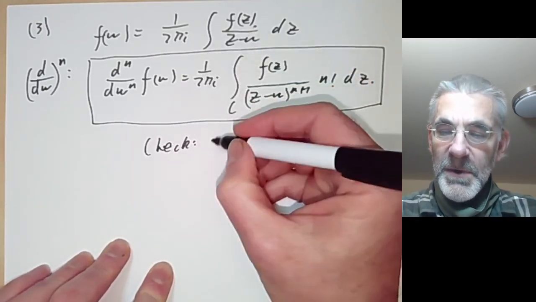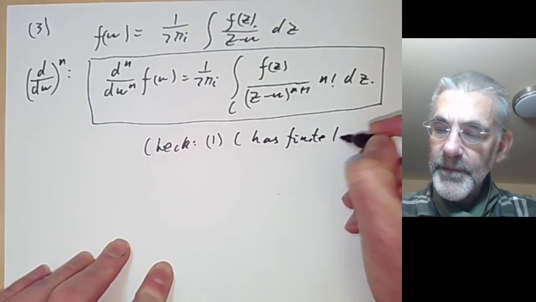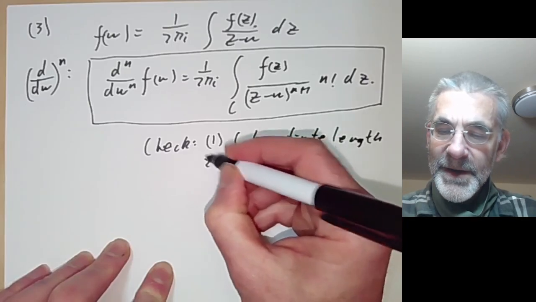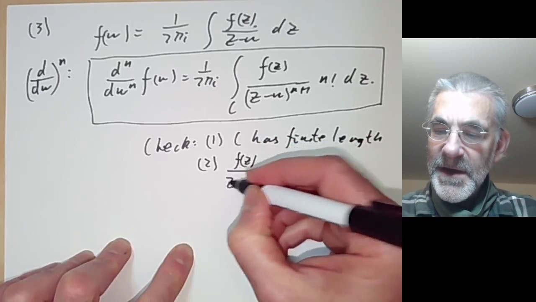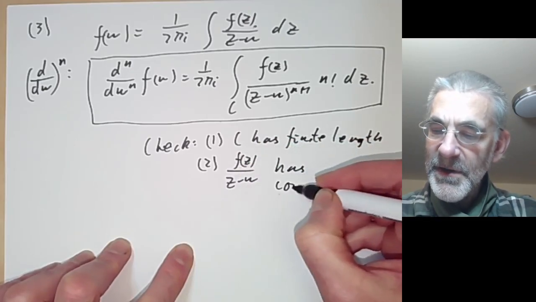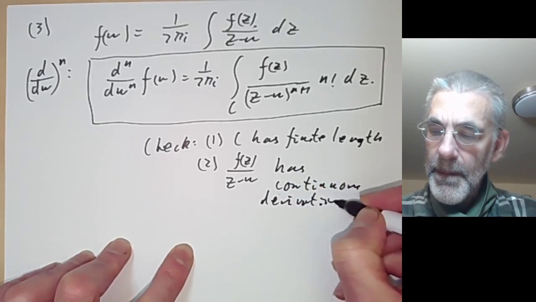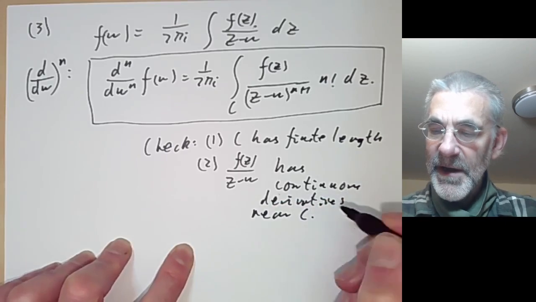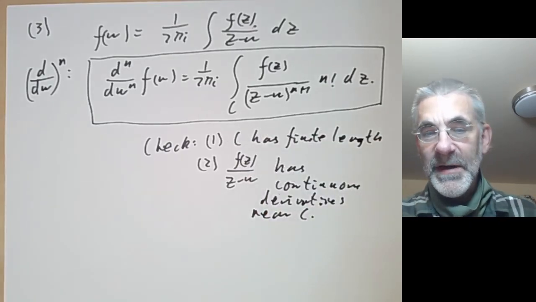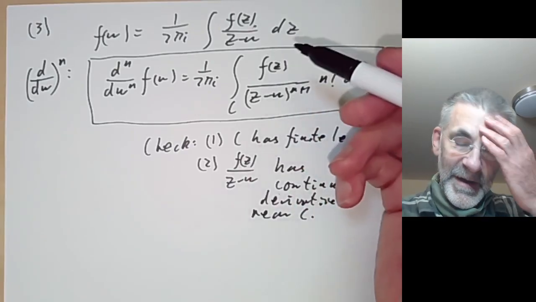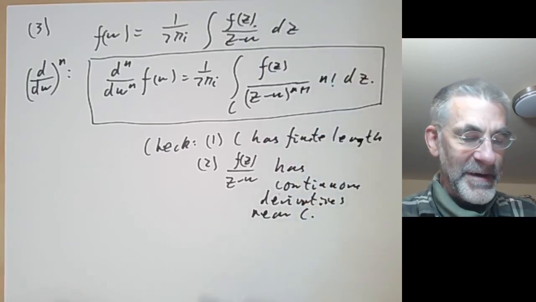And it's possible because, first of all, C has finite length, and secondly, this integrand f of z over z minus w has continuous derivatives near the path C. As long as these two conditions are satisfied, you can differentiate under the integral sign in real analysis, and pretty much the same thing works in complex analysis. So this is actually a valid differentiation.